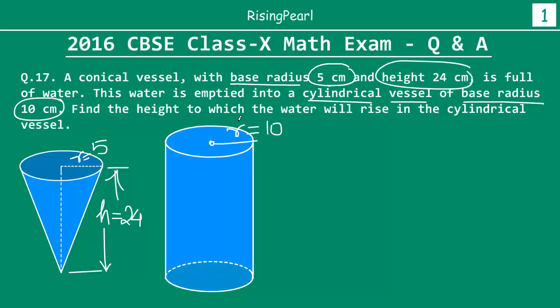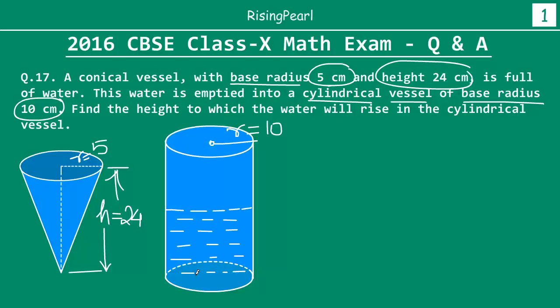Now what really happens? What is the commonality? When we have water and we pour this water inside here, the water level rises to a certain amount. So what is the common link between the cone and the cylinder?